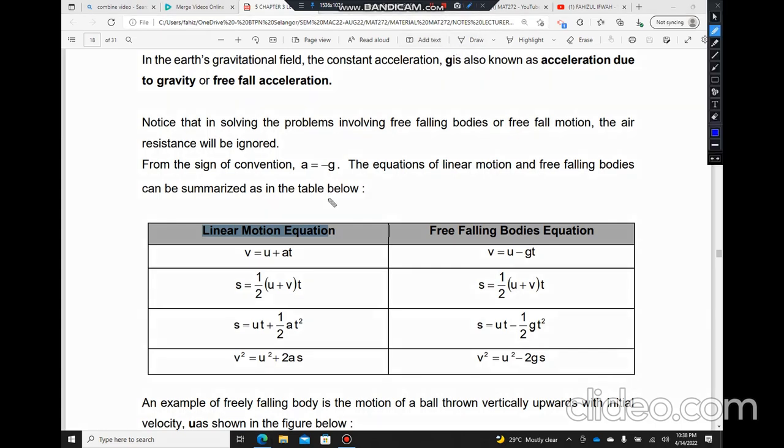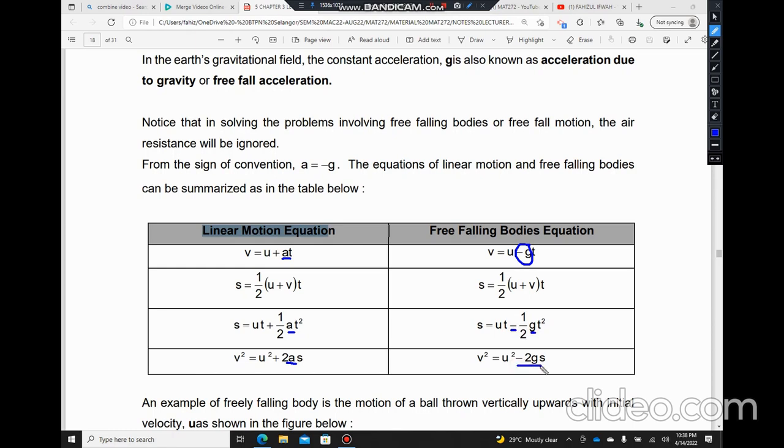So kalau kat sini kita guna a, yang ni pun ada a, kat sini ada a. Tapi kalau free falling bodies equation, a ni kita gantikan dengan negatif g. Nilai gravity tapi nilai negatif. Yang ni pun sama, dia akan jadi negatif g. This one also same, negatif g.